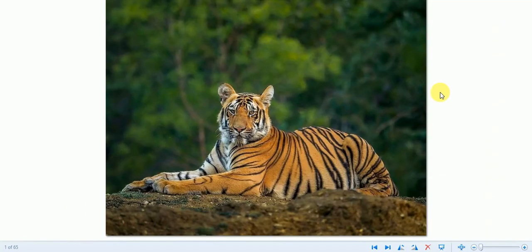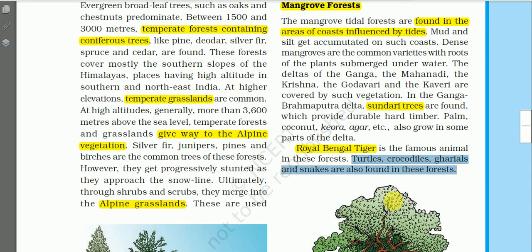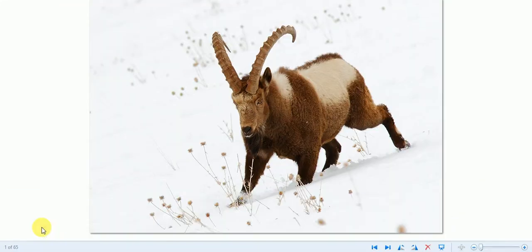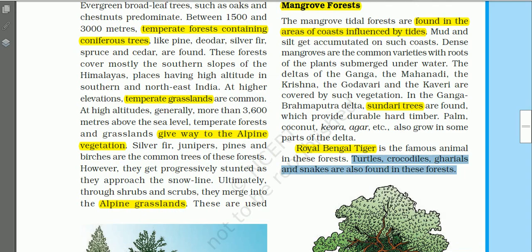And this is another photograph of Royal Bengal tiger found in the Sundarban, the national animal. Then this we have shown earlier. This is Himalayan ibex.